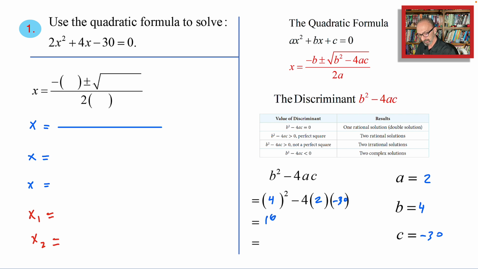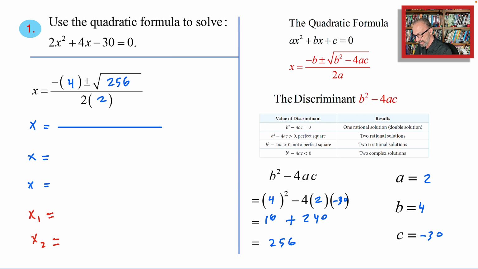That's 16, 4 squared, minus 4 times positive 2 times negative 30, which will end up positive. 2 negatives in multiplication will give me positive 240. 240 plus 16 is 256. Now that 256 goes inside the square root on the left, and minus b would be minus 4, the opposite of b, over twice a, and a is 2.